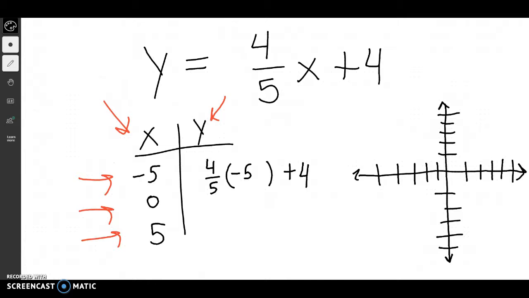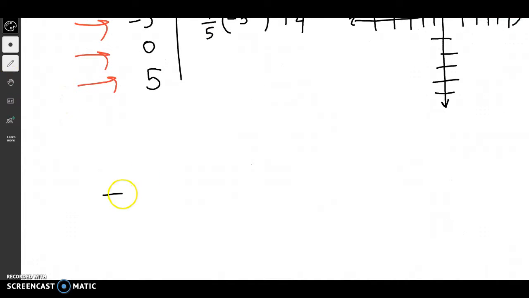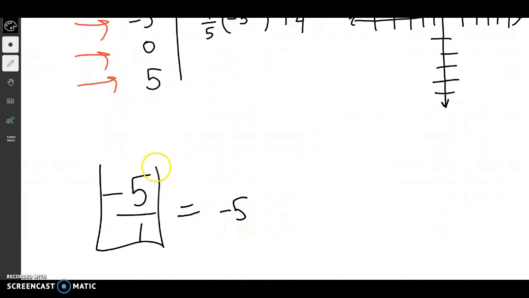Well, if you have a fraction and you're going to multiply it, you need this thing to also be a fraction. And if you think about how I could take -5 and make it into a fraction, well, if I put -5/1, -5 divided by 1 is still -5. So we're good.